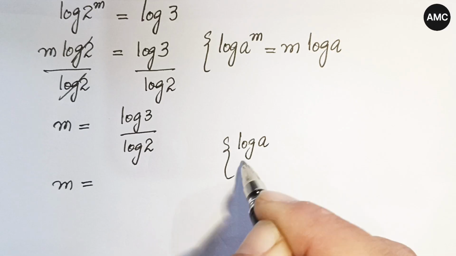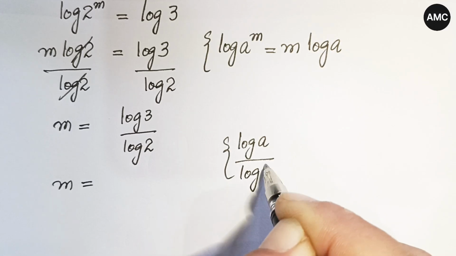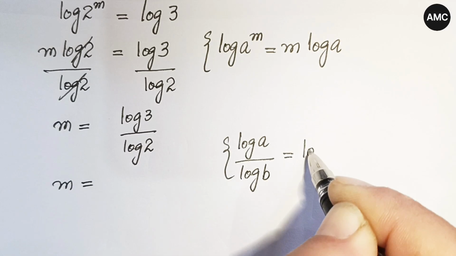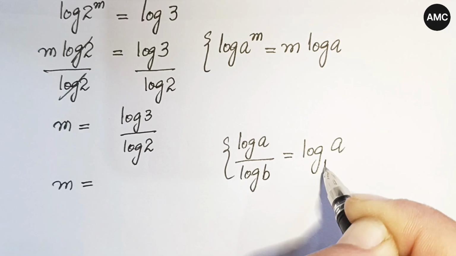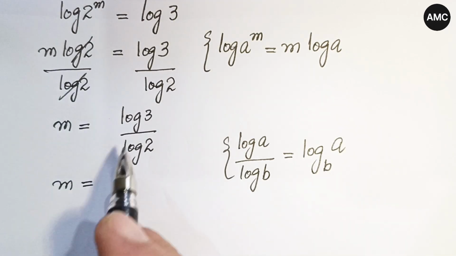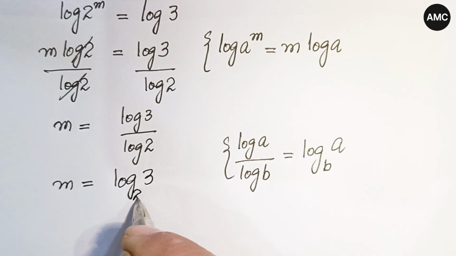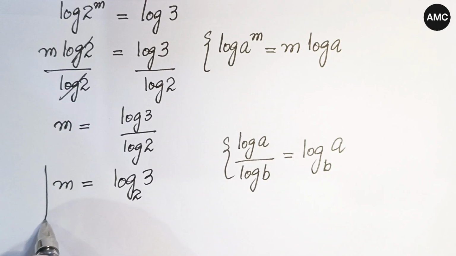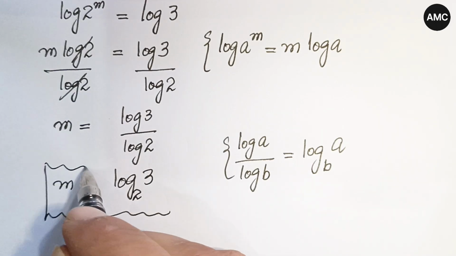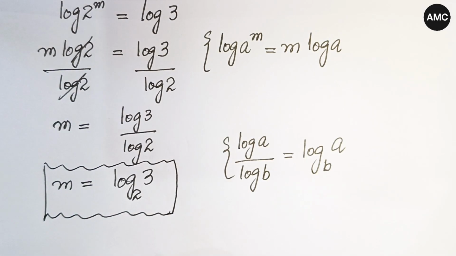If we have log a over log b, it is equal to log a to base b. So it will be log 3 to base 2.